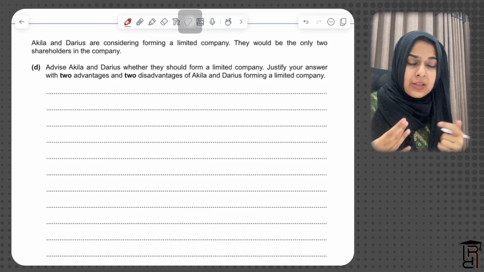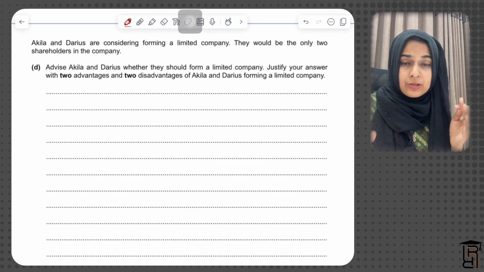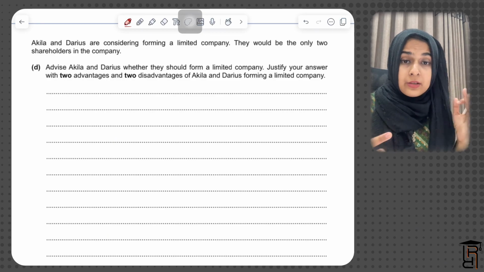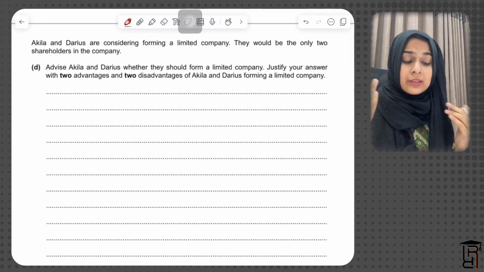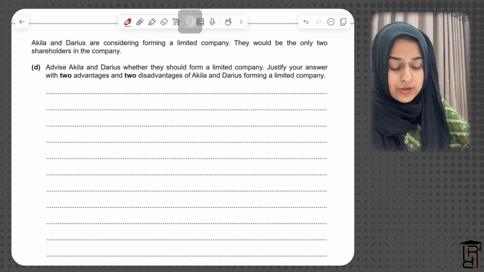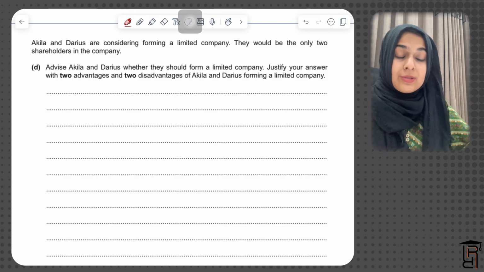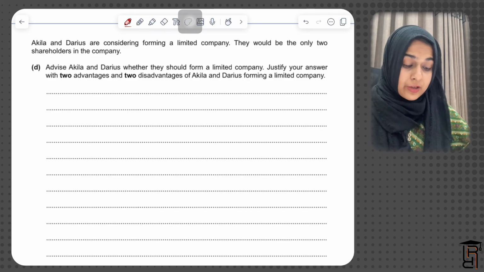Limited companies are basically highly regulated companies. There are lots of costs involved in setting up a limited company. So these are the disadvantages. Setting up a limited company would be very costly.